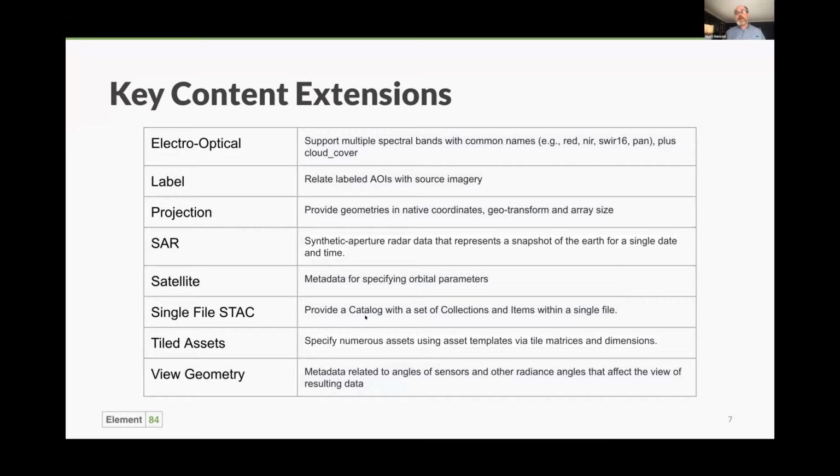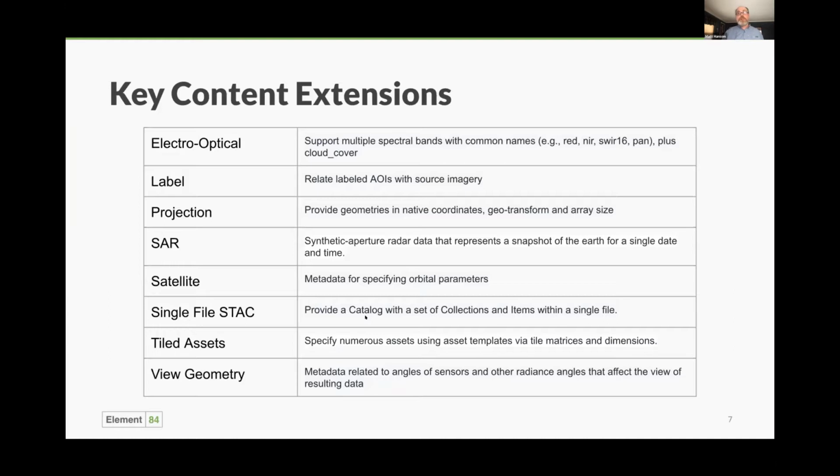And this allows information on spectral bands and cloud cover. SAR also has been used quite a bit. The projection extension allows information on the geotransform for assets, and that's proven to be very useful because if you're familiar with Open Data Cube, it uses this information to index data without having to hit the individual files.